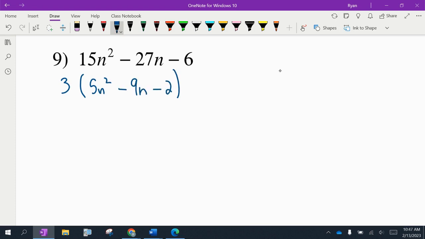And what we've just done is we've made these numbers a lot smaller, which should make things simpler. I'll bring down this 3 and carry it on till later. And now look at factoring this inside. You can try the trial and error method, because this is a prime number and this is a prime number. Or you could do the split middle term, the process that we've done a couple of times now.